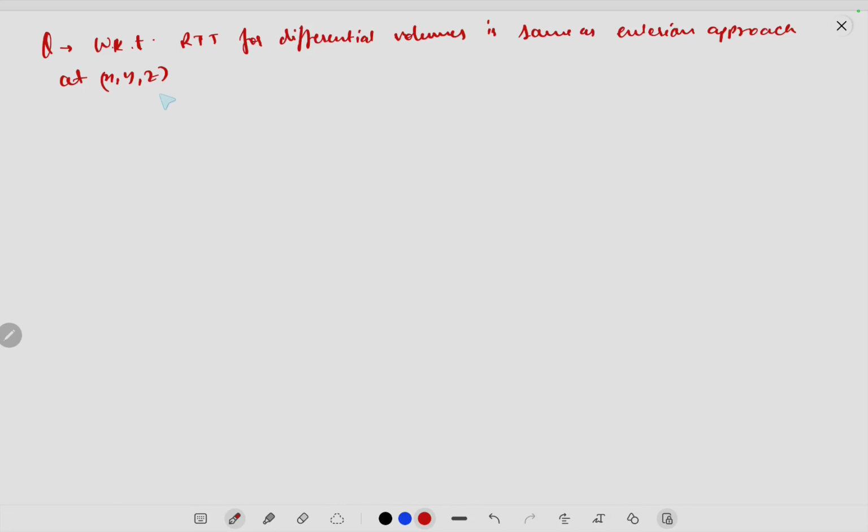Okay, so can you derive the continuity equation by considering the Eulerian approach?